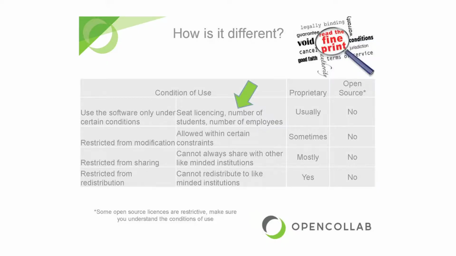The other three things that I refer to here really is about control. So if your institution is an institution that likes to take control of its own software destiny, then those three things may actually be of quite a bit of importance to you. I'm not going to go into the details of those, but those to me are quite important in terms of a business decision in moving forward.